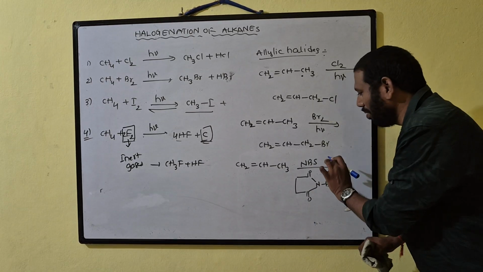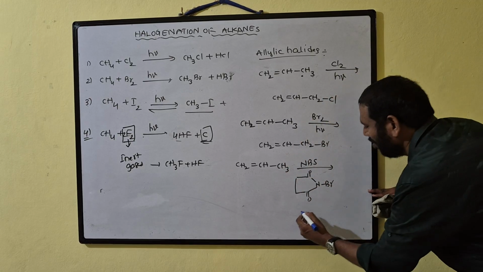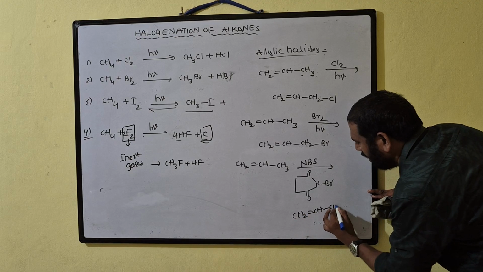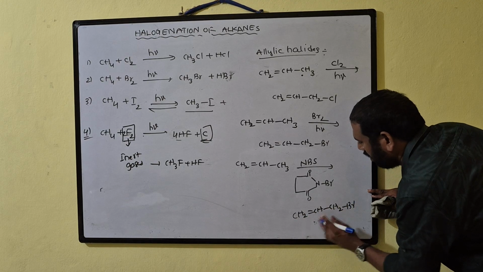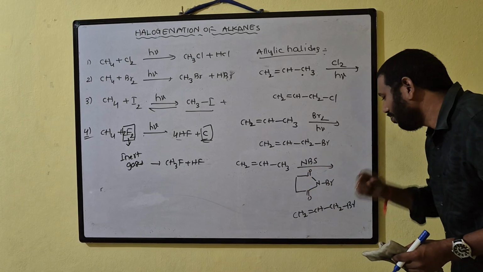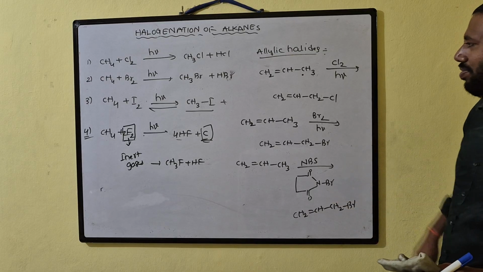It can provide bromine for allylic substitution, and it will form the product CH2=CH-CH2Br. By using N-bromosuccinimide, we can get allylic bromide, right?